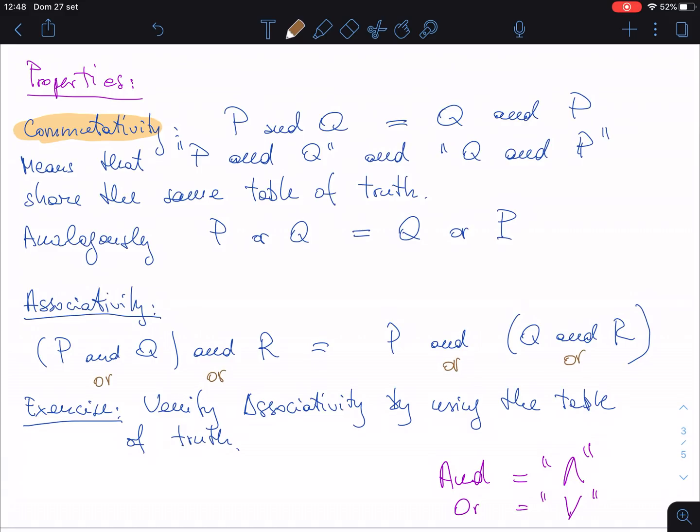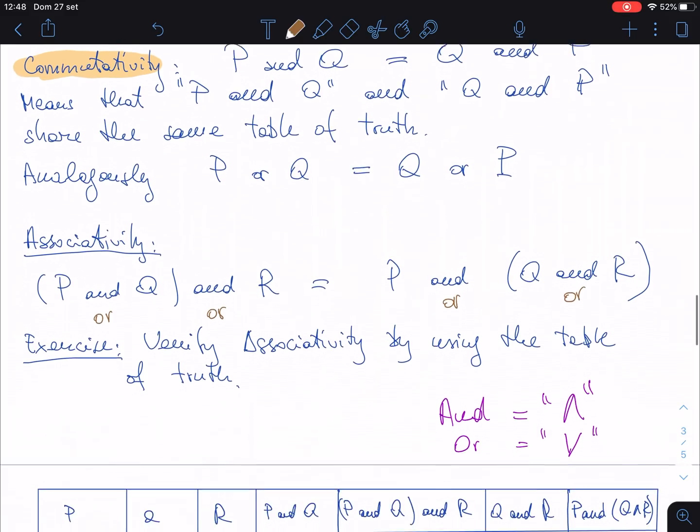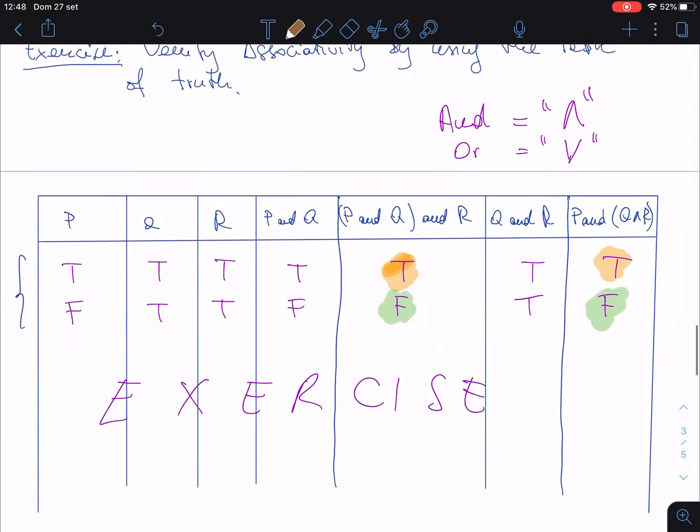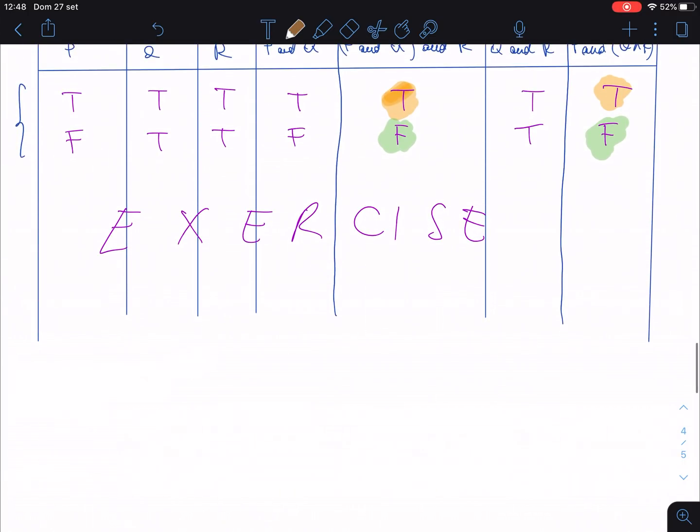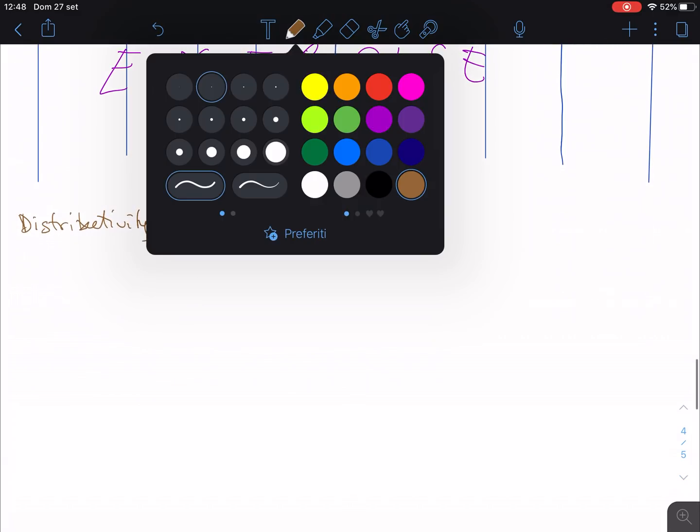distributivity. Distributivity mixes the two connectives and and or. So here you have distributivity of and over or. Now I will use the official symbols because it is easier.